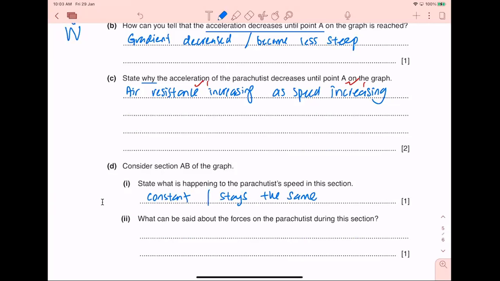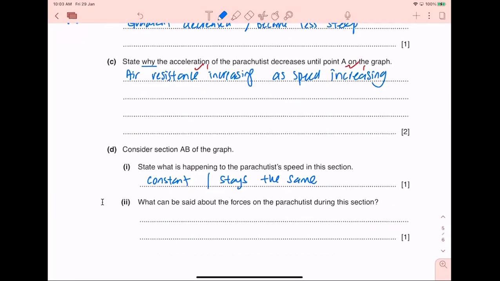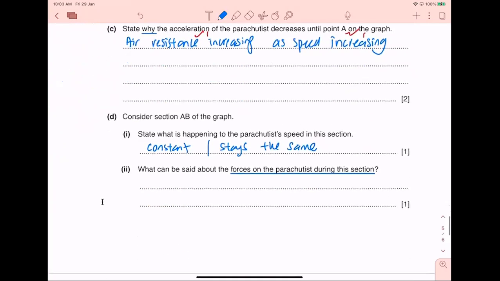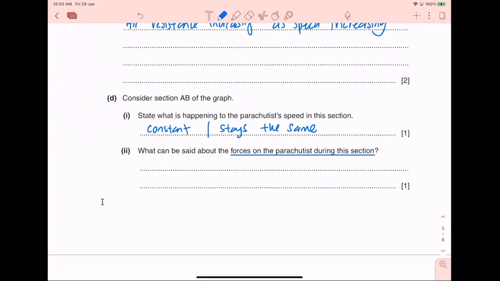All right. Number 2, what can be said about the forces on the parachutist during this section? Like I said, at one point, why do you get the constant speed? Because the forces are balanced. When forces are balanced, we say that there is no resultant force. Resultant force is the total force acting on the object.